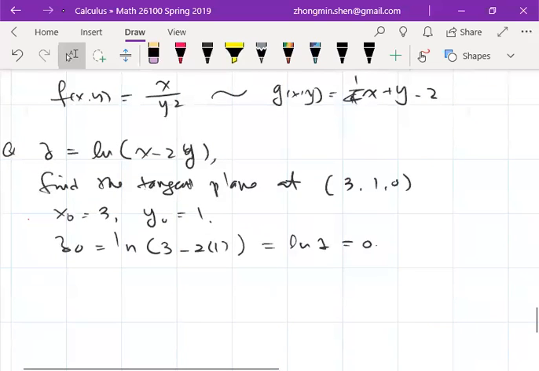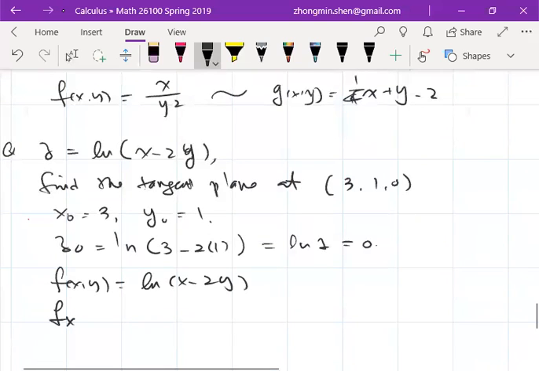All right, the formula for the function is natural log of x minus 2y, so you have to differentiate.